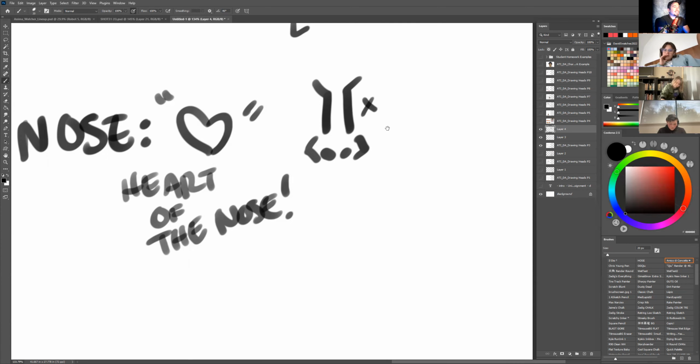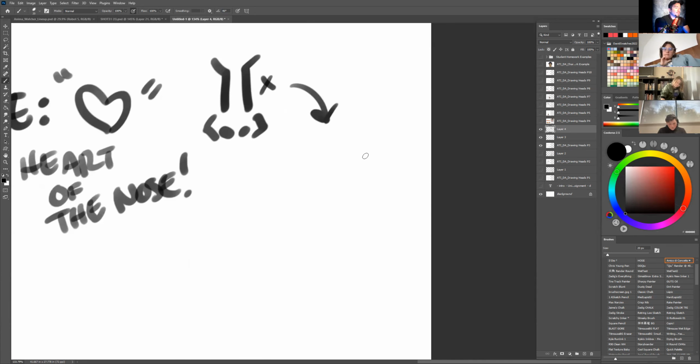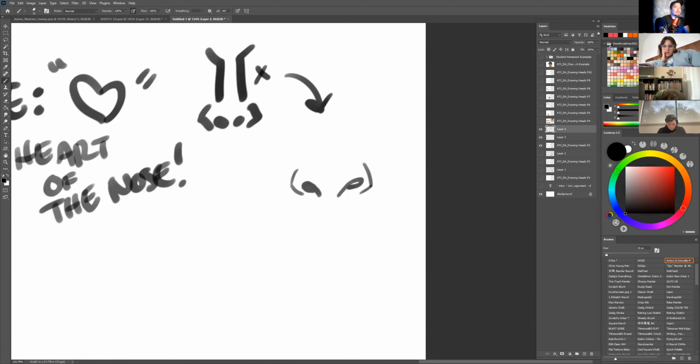So a better way to think about the nose is to think of this heart of the nose, which is: draw your nostrils, which you could think of as almost a little leaf shape. Draw the nostril, draw what we call the wings of the nostril. So this is like those brackets on the side. And then the shape we're looking for is, imagine a really wide kind of heart, like that.